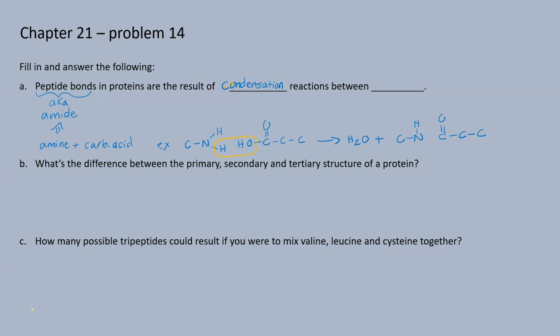And then we have a new bond between the nitrogen and the carbon double bonded up. That bond right there is the one that they're referring to in the problem. So that is the peptide bond. But it's not just asking about some arbitrary peptide bond. It's talking about proteins.